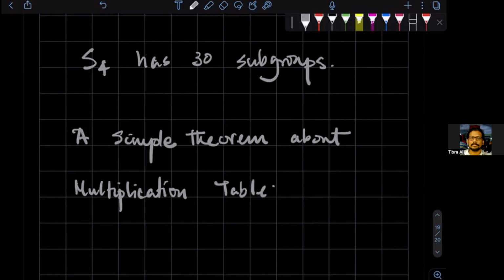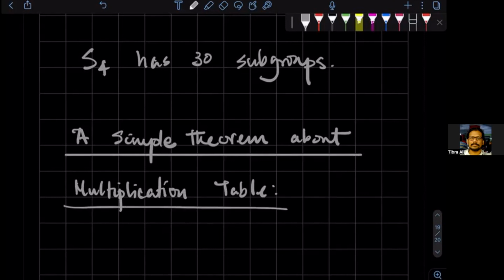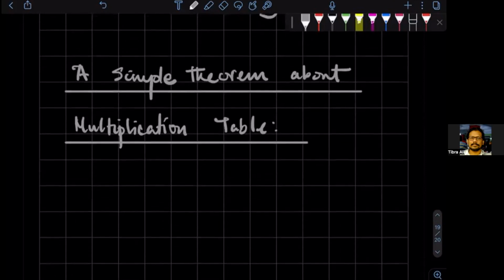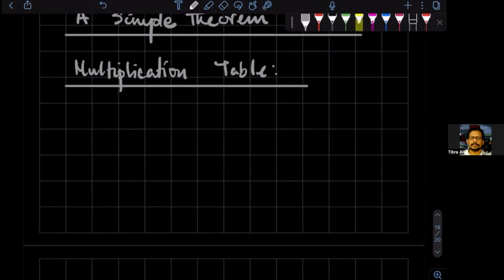I'm not going to quote unquote prove the theorem because it's almost obvious, but you're welcome to try to do it. Okay, so let's start with a simple observation.